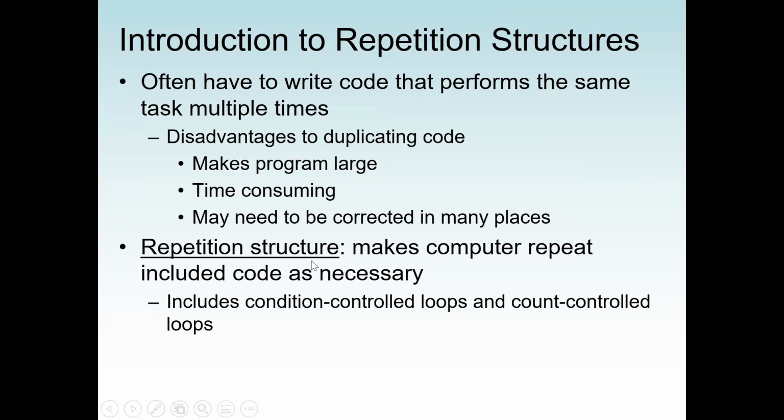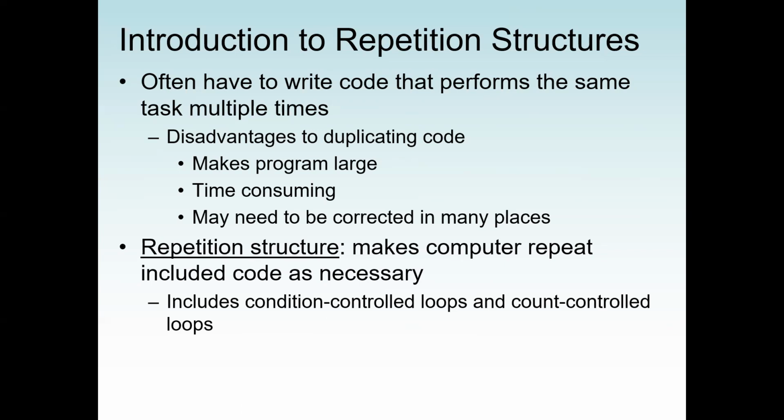Now, repetition structures solve this problem for us. A repetition structure will make the computer repeat included code as necessary. So in this case, I can use a while loop or a for loop, and I'm going to write print hello world only once instead of 10 times or 100 times. I'll write only one statement in a loop, and I'll give the condition to the loop that it should execute either 10 times or 100 times.